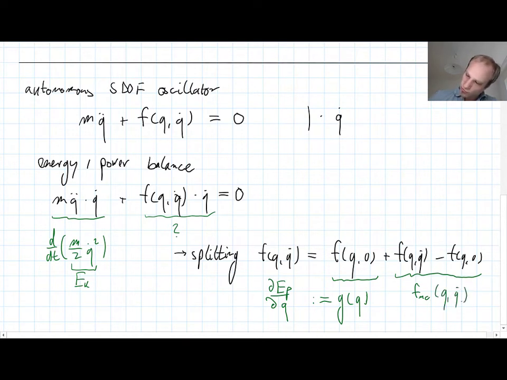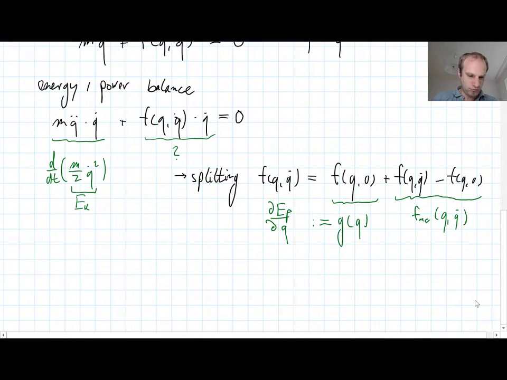which now do depend on q dot. If there's no dependence on q dot, we directly see that this is zero, right? If it doesn't matter which value for q dot we put here into the bracket, then this will give us zero. So this is a nice thing. Also, for q dot equal to zero, this also gives zero, right? This is also an interesting finding.